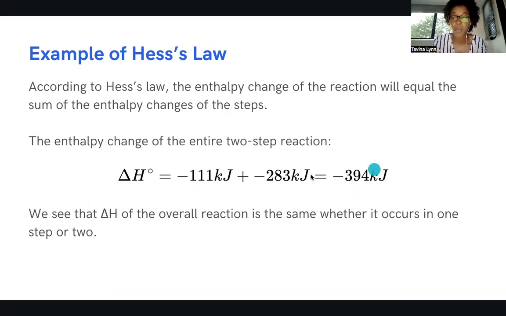The sum of each step is the same as the enthalpy change of the overall reaction, whether it occurs in 1 step or 2 steps, which is mathematical proof that enthalpy change is a state function. Because whether it happens in 1 step or in 2 steps, we still end up with the enthalpy change of negative 394 kilojoules for our overall reaction.